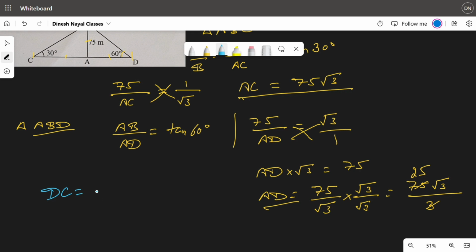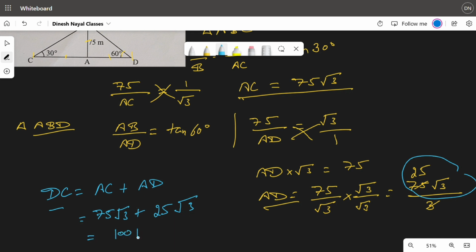So DC is AC plus AD. AC is 75 root 3 plus AD is 25 root 3. So this equals 100 root 3. The distance between the two men is 100 root 3 meter.